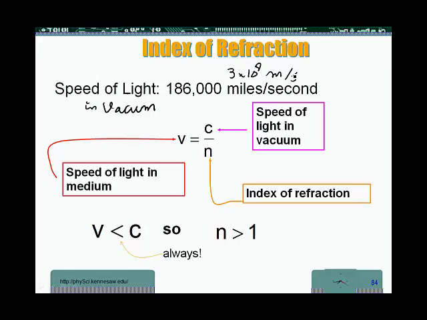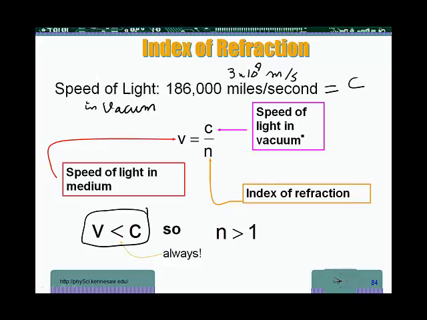What we know so far is in all other media, the speed of light is going to be smaller than that speed of light in vacuum. And that speed of light in vacuum, we give it a special symbol that we call c. Okay, we have it here marked. So whenever light travels in a medium other than vacuum, it's going to travel with a speed that is less than c.